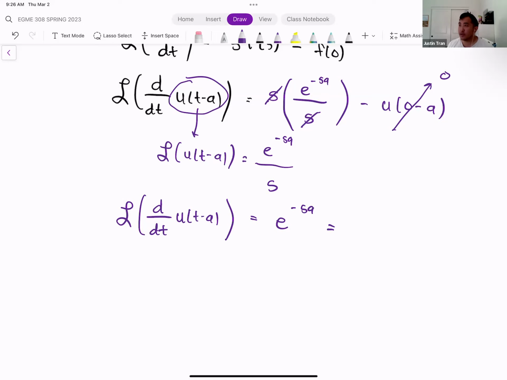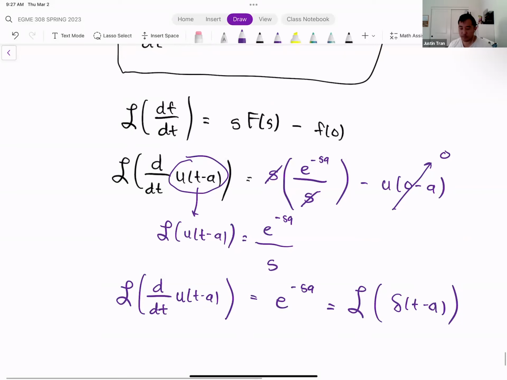And coincidentally, a little coinky dink, if we look at the Laplace transform of delta, we've already shown above that that's also equal to e to the minus sa. So this is a very short proof. It's kind of a cute proof.